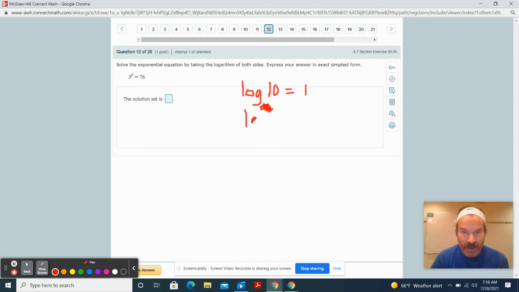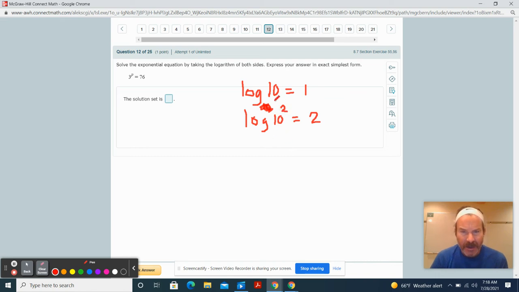So what if we had the log of 10 squared? The log of 10 squared, well, that's equal to the log of 100. And the log of 100 is equal to 2, because 10 to the second power is equal to 100.